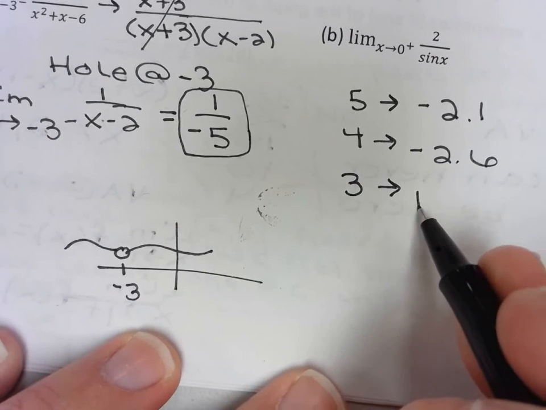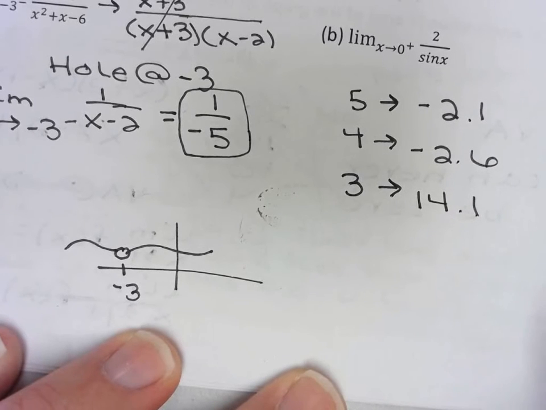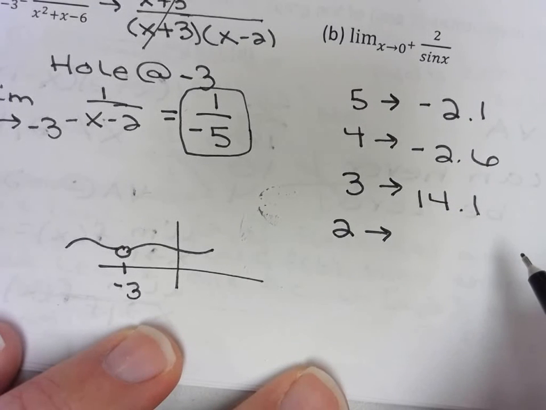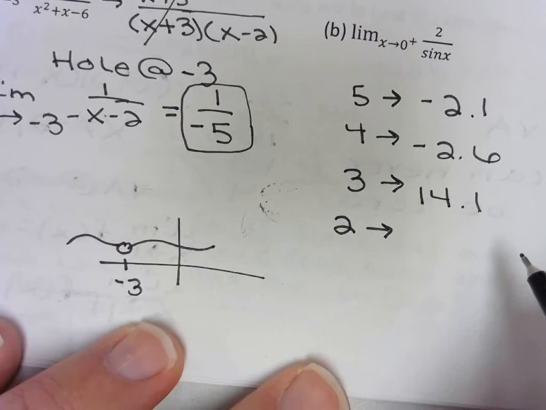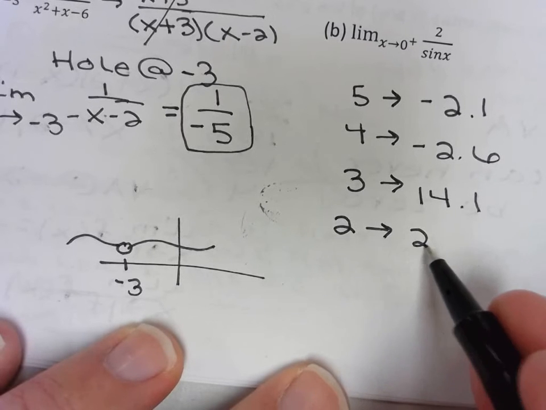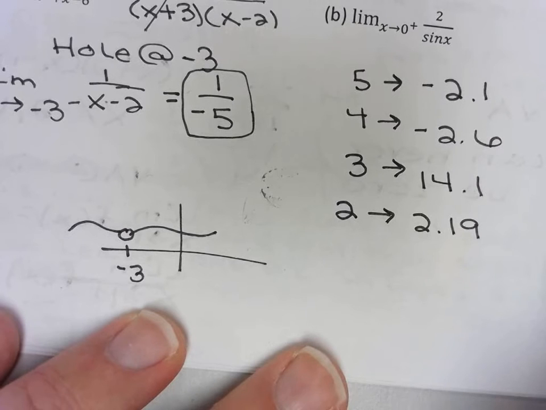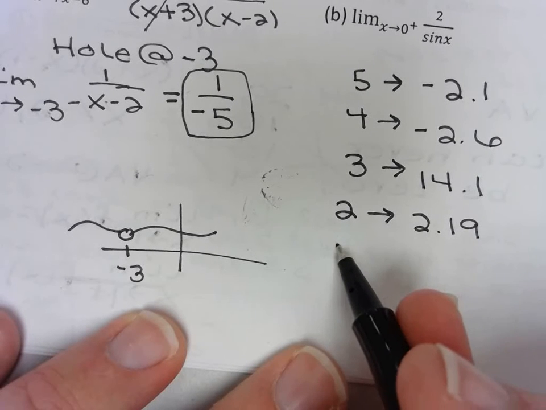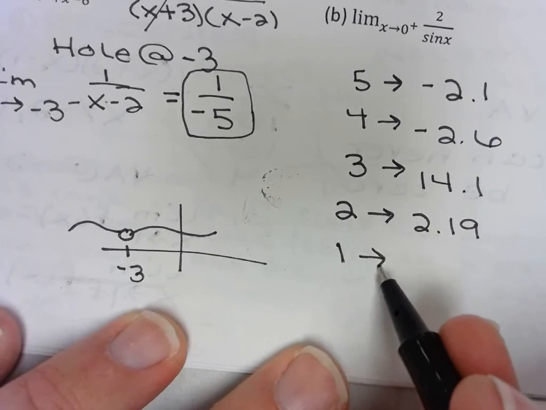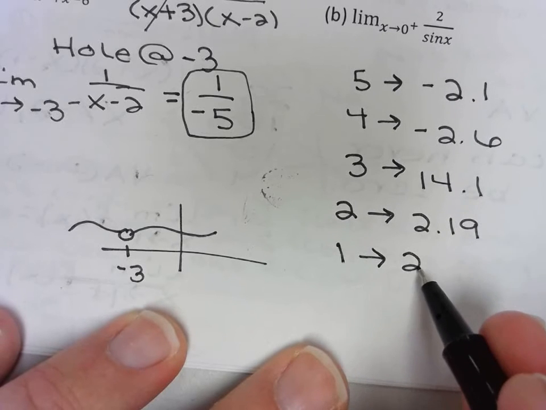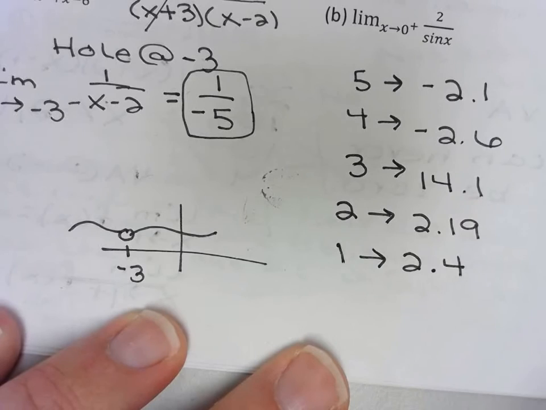What is it? 14.1. Okay, we agree with that? Okay, let's try 2. See if I notice anything. 2.19, whatever. You round to, I don't really care. So I plug in 1. I get, what is it? 2.4. Okay.